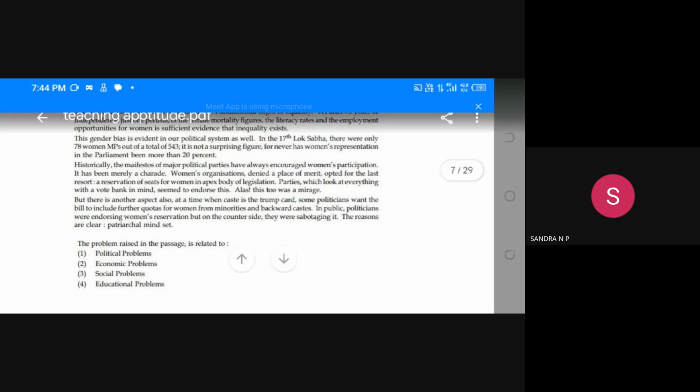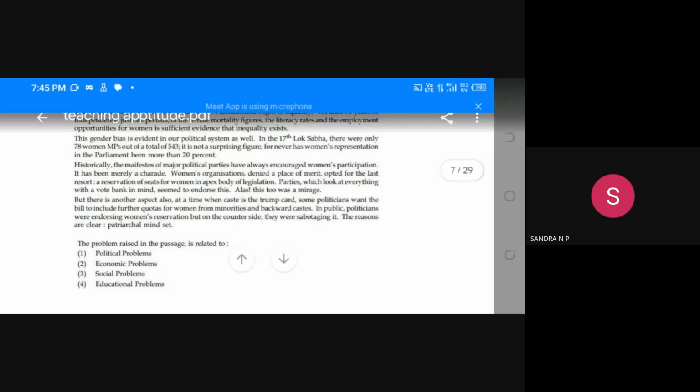So, the question here is, the problem raised in the passage is related to option 1, political problems. Option 2, economic problems. Option 3, social problems. And option 4, educational problems. This is a little bit confusing question. So you can read it once more and guess the answer.